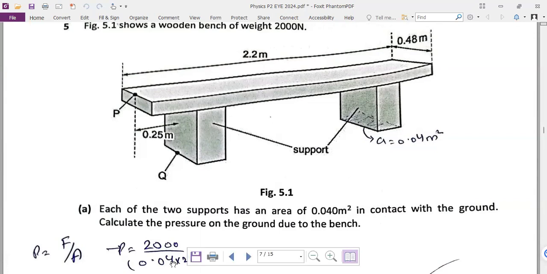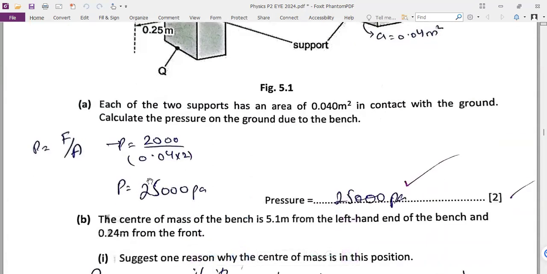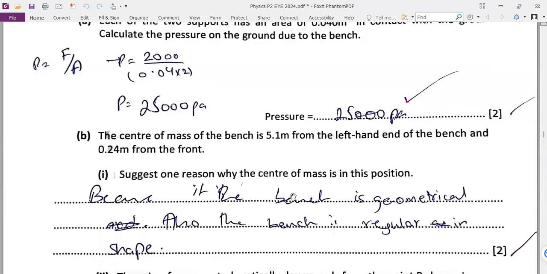The force is 2000 Newton. And the total bench, both the legs will share the pressure. So we have to multiply the area of the support by 2. And this should give you this answer, which is correct.